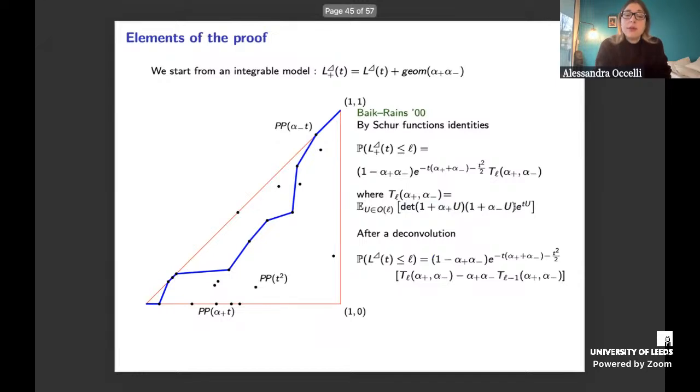Now, to go back to the model that we want to study, you have to deconvolute the geometric random variable, and this is the effect that the convolution produces on the distribution.